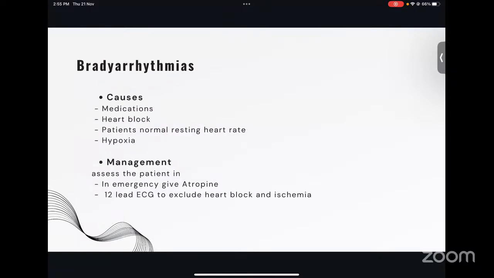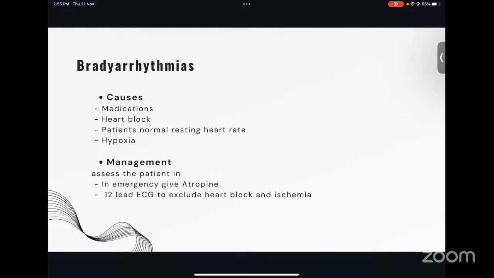Now we will discuss bradyarrhythmias. Bradycardia after cardiac surgery may be caused by medications such as beta blockers, calcium channel blockers, amiodarone, and digoxin, by heart block, partial post-valve replacement, a patient with a normal restarting rate, a fit patient, a young and tall patient, and hypoxia.